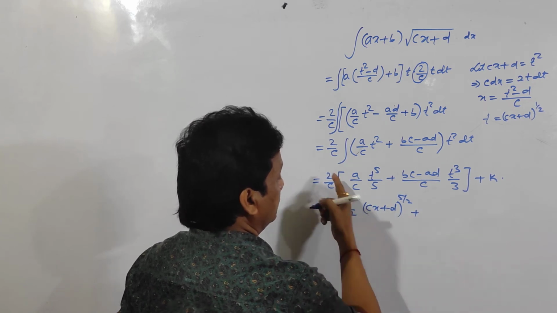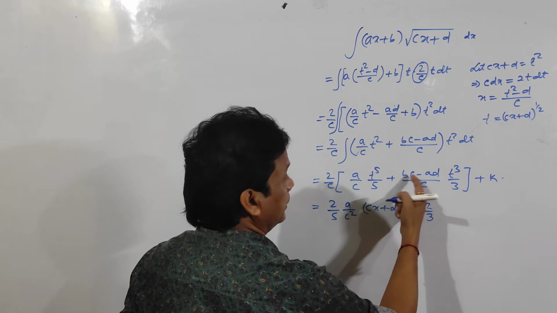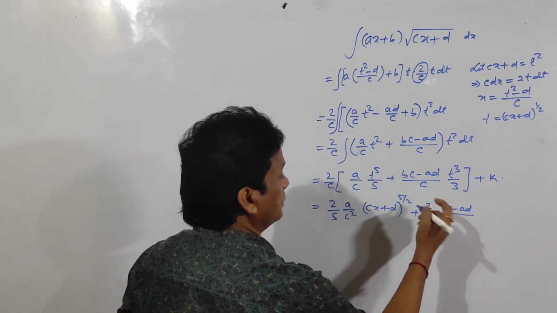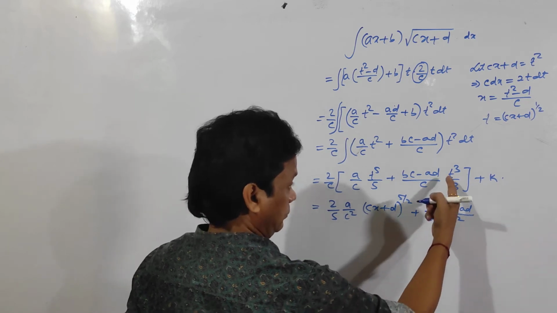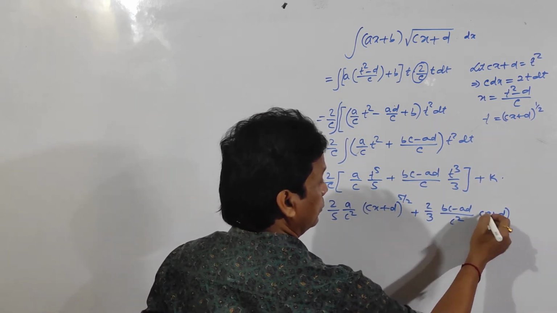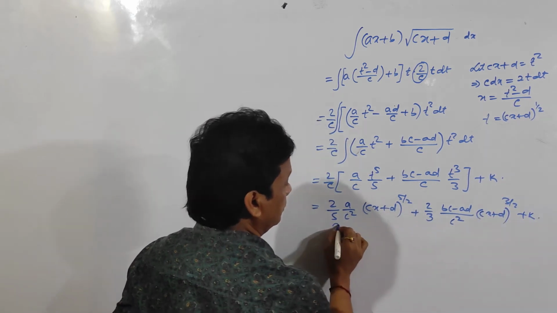Then plus 2 by 3, (bc minus ad) divided by c into c, which is c square, into t cube, meaning (cx plus d) to the power 3 by 2, plus a constant. So this is your answer.